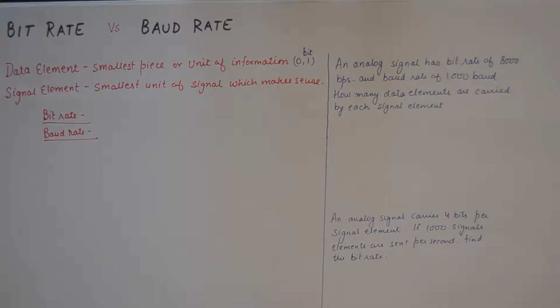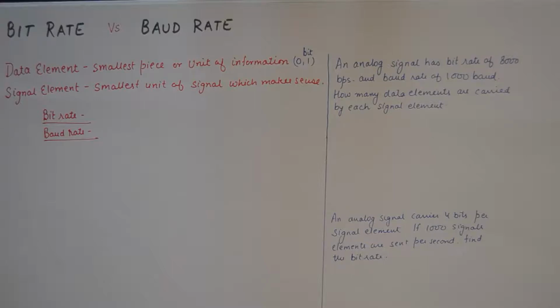Please understand, a single bit would not make sense in most cases. For example, if you wish to send a character, you will need to send 7 bits of data, which is the code length for ASCII code. So please understand that a data element is the smallest piece or unit of information that may or may not hold significance if it is sent as a data element itself.